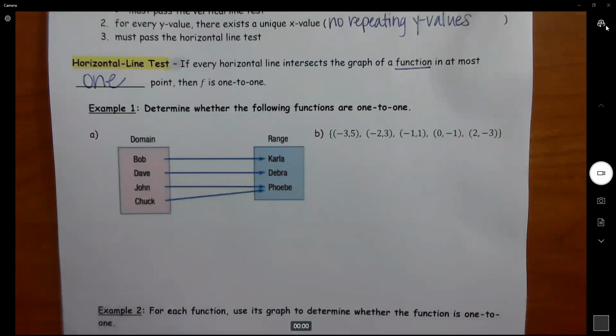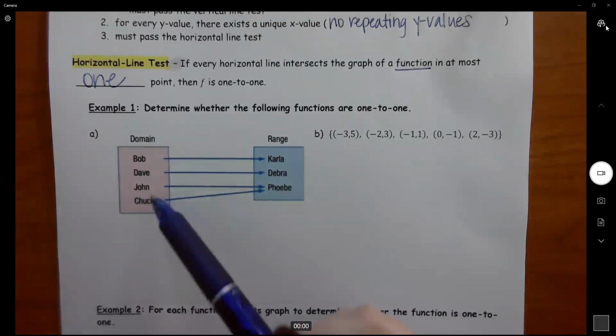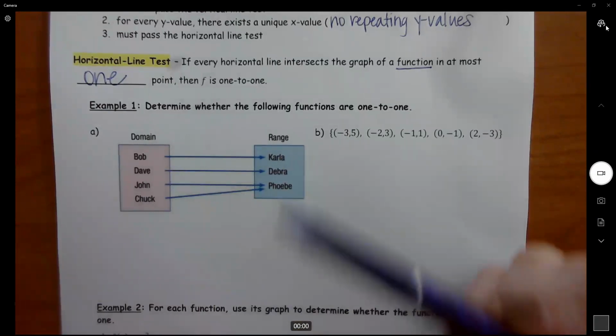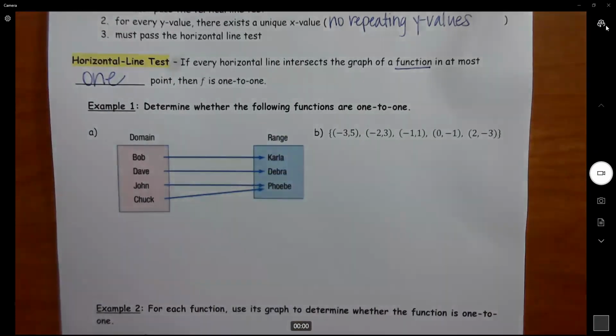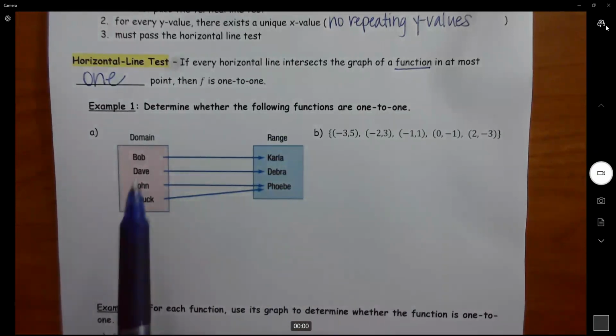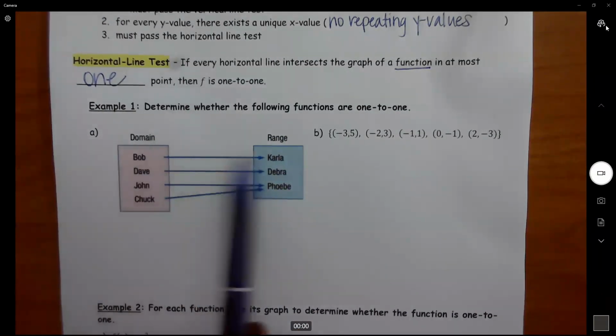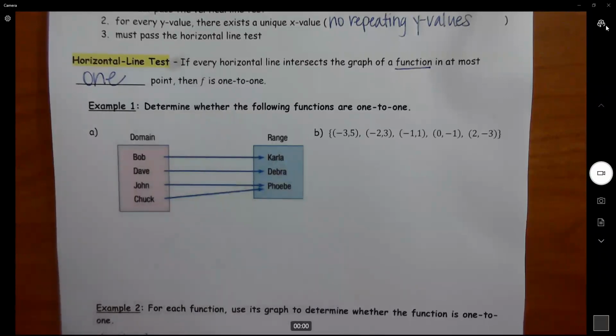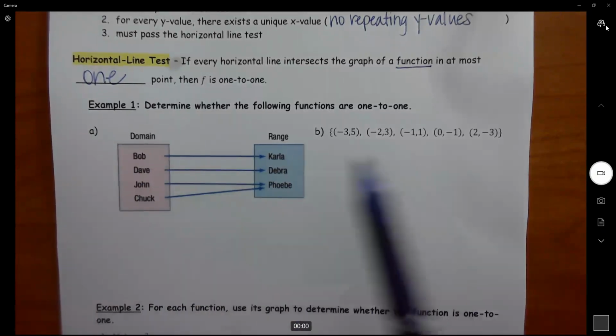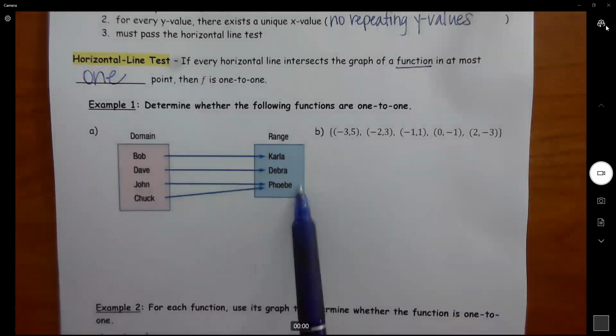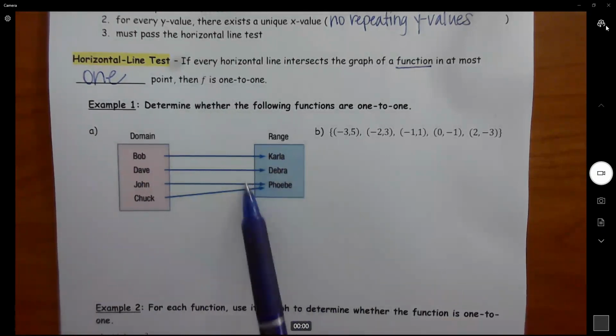So I just think this is funny. You have a domain with all of your guys, and you have a range with your girls. Is this function one-to-one? Well, if you look at the boys, they only go to one girl individually. Or I should say the girls only go to a guy individually. But when you look at the girls, we have a repeating value here.